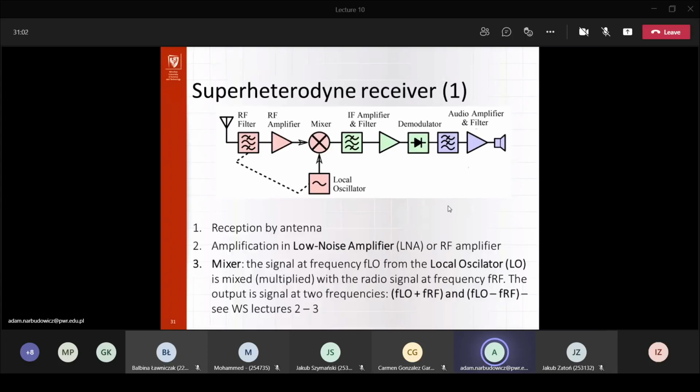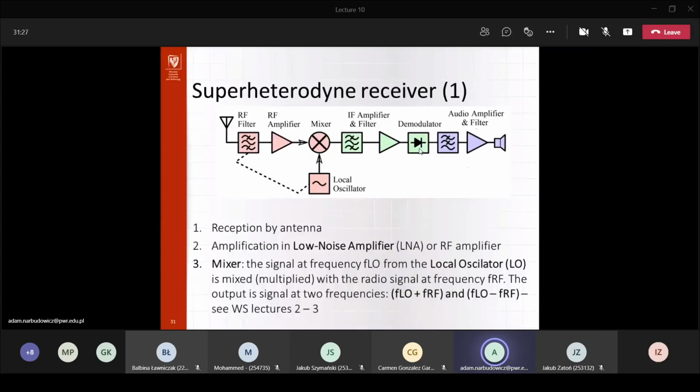Last week when we talked about the mixer, I asked you about the way of demodulating the signal, and somebody mentioned using a diode to capture the envelope. As you see here, this is indeed done like this, but only in the second step.